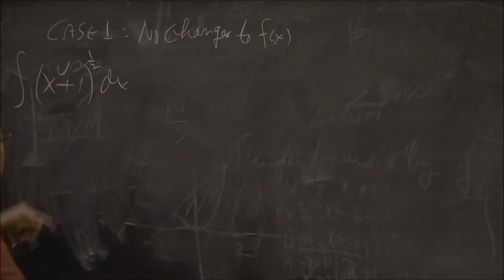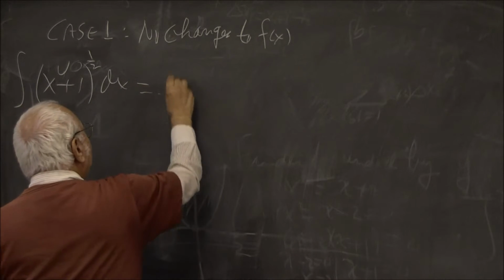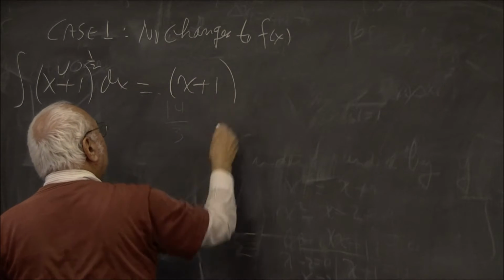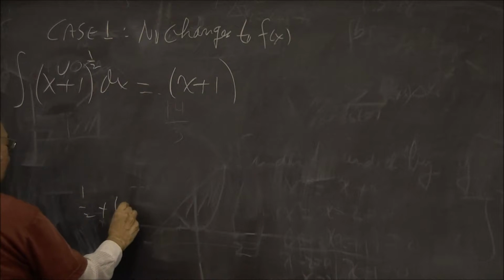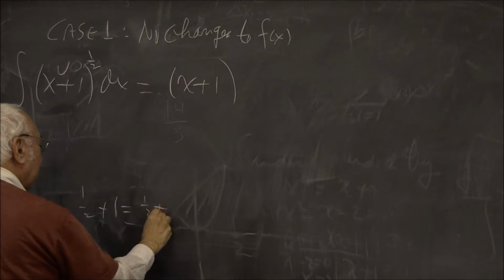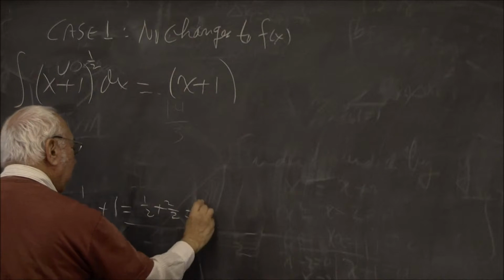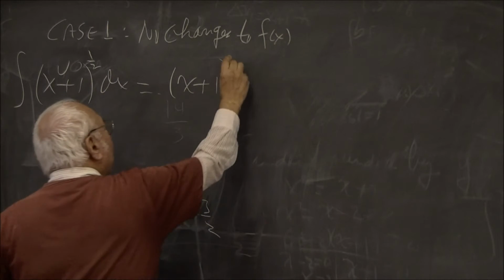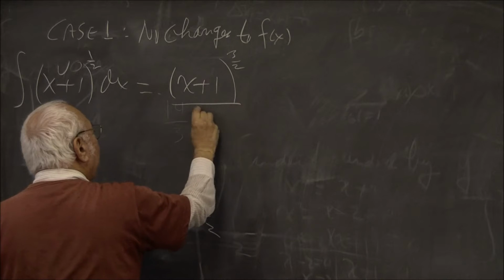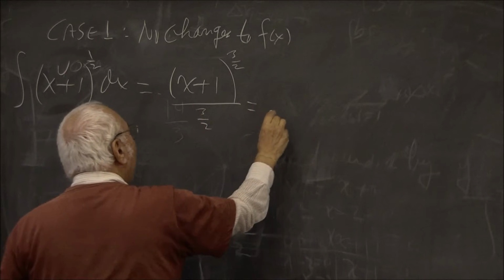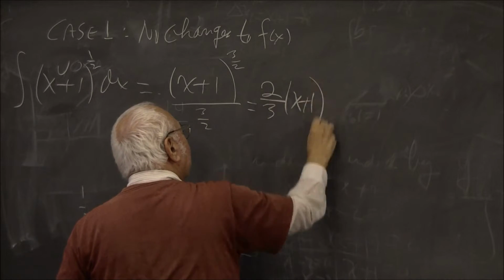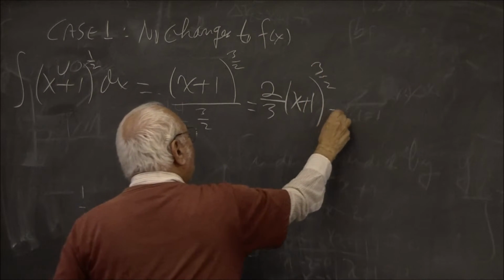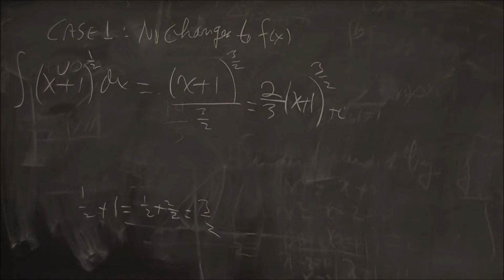So you can just go ahead and say this is going to be x plus 1 to the 1/2 plus 1, and 1/2 plus 1 equals 1/2 plus 2/2, which is equal to 3/2. To the 3/2 divided by 3/2, which you will rewrite as 2/3 times x plus 1 to the 3/2, plus the constant of integration.